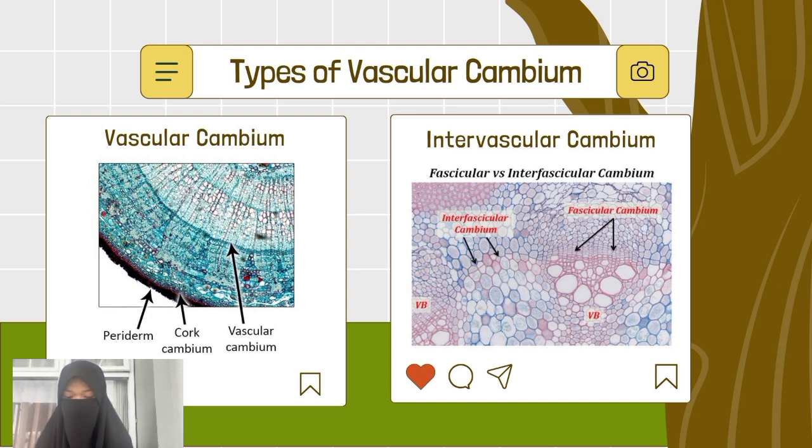The structure is composed of actively dividing meristematic cells which continuously regenerate vascular tissues. Role in growth: the formation of annual growth rings in trees occurs due to the seasonal activity of vascular cambium, producing different densities of xylem cells.